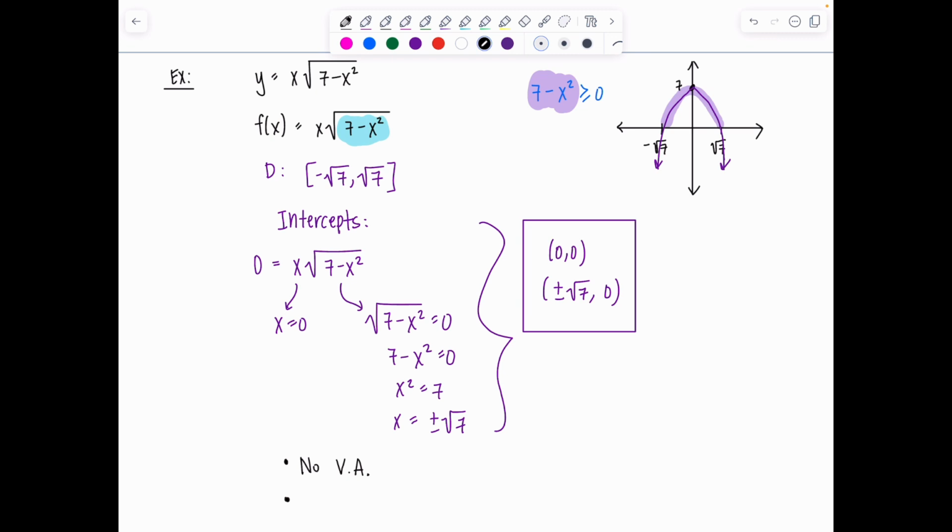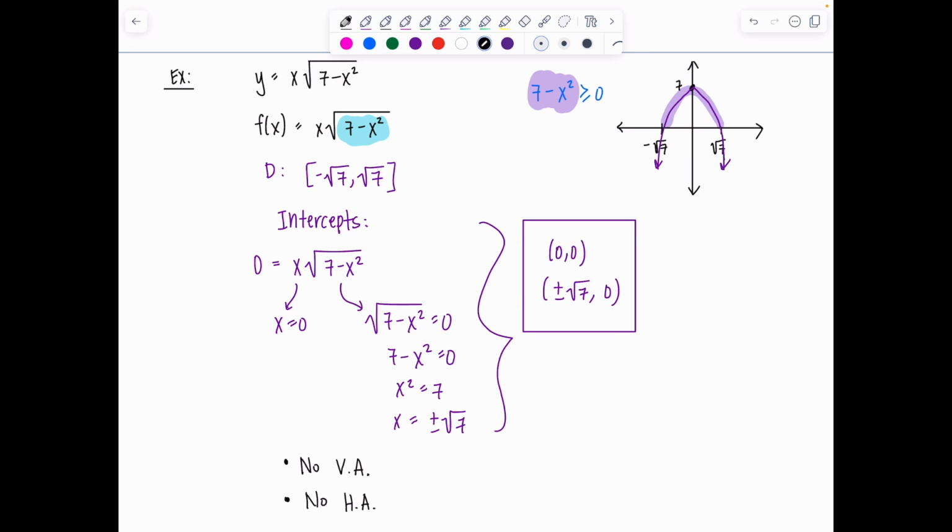I can't do that here though, because my domain is restricted. It's bounded. I can't talk about what the function's doing as x goes to infinity because it's outside the domain of the function. So there is no end behavior for this graph. There's no horizontal asymptote either. And that's it, okay? Done.